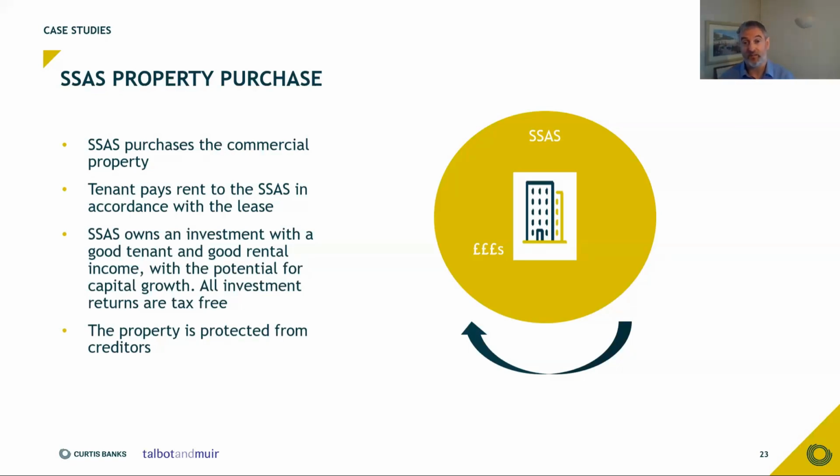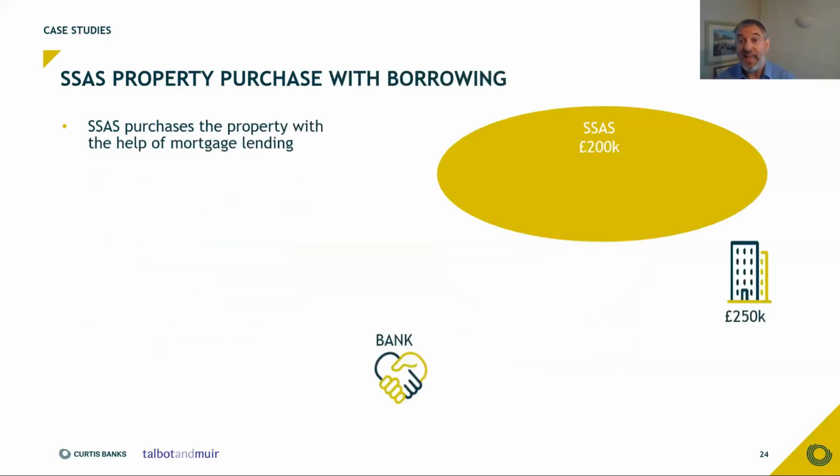Great investment, shielded the asset from tax on capital growth in the future, shielded the rental income from tax as well. Couldn't be simpler. In addition, just to illustrate the fact, just like a SIPP, a SSAS can borrow money. The members of the SSAS might want to purchase a property, but the fund isn't sufficient. They may be able to approach a bank or other lending institution that may be able to lend the SSAS sufficient monies to bulk the pot up. In my example, more than sufficient funds.